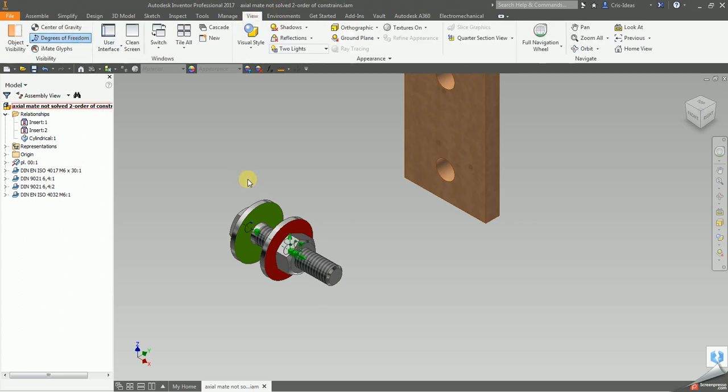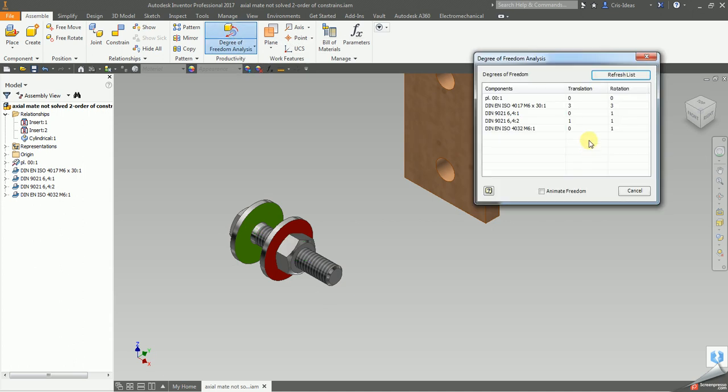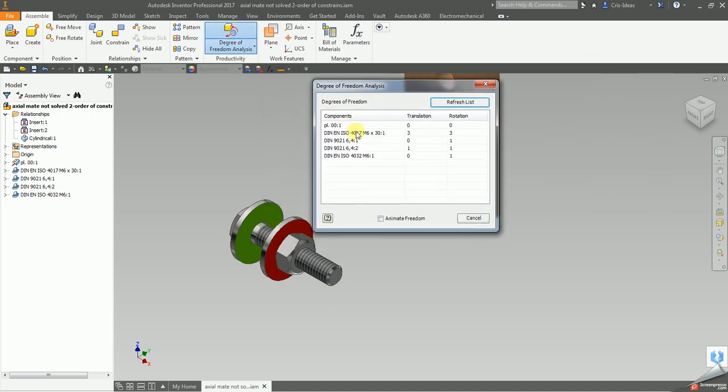If we now display degrees of freedom, we see that there are many. So if we go to here, we have something like that. So the bolt is free to translate and free to rotate in any direction, which is true. This one is grounded, but these three components are really ridiculous, as this set of components have only constraints between those elements.